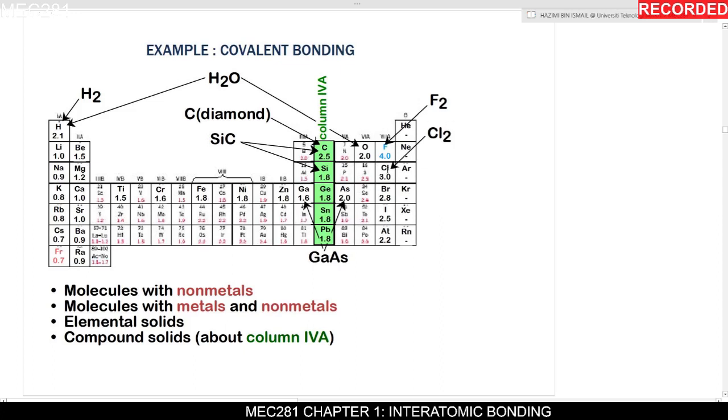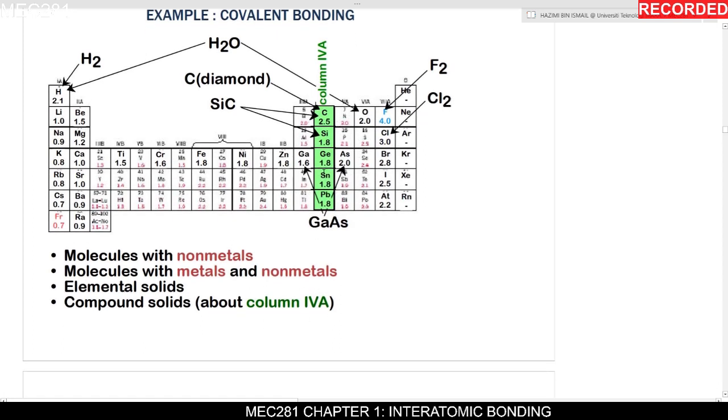And fluorine with itself, yes, fluorine gas and also chlorine gas and so on. Molecules with non-metals, and molecules with metals and non-metals, such as titanium oxide and so on. Elemental solids and compound solids are about column 14 here. Carbon itself can be found as its own element, let's say as diamond.